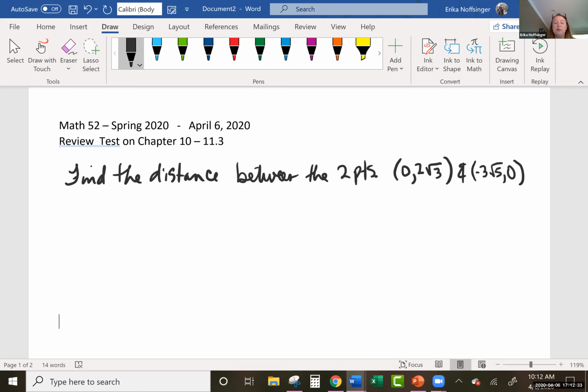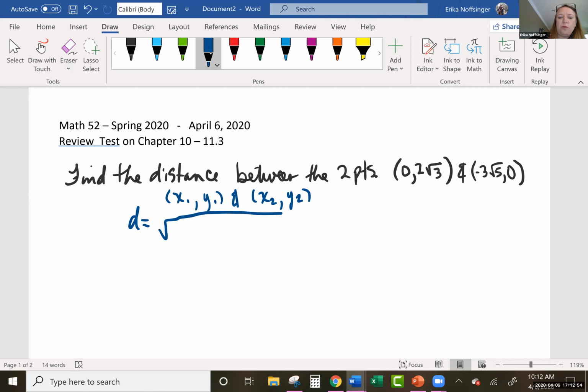Okay, so you need to remember what the distance formula is. So if you have 2 points, and let's just do them arbitrarily, x sub 1, y sub 1, and x sub 2, y sub 2. We derived this distance formula.